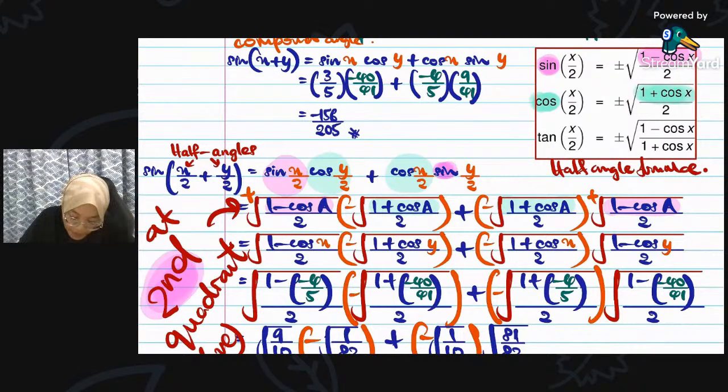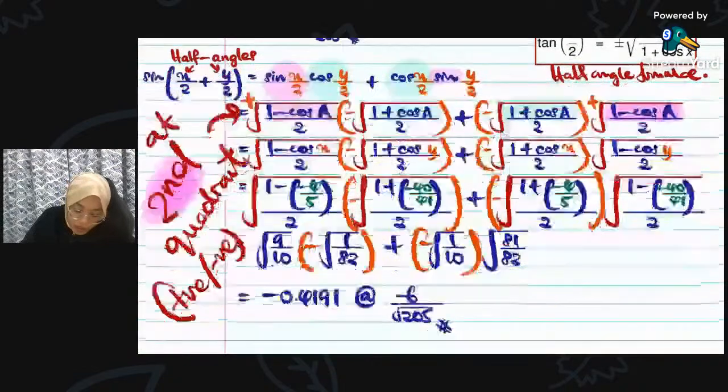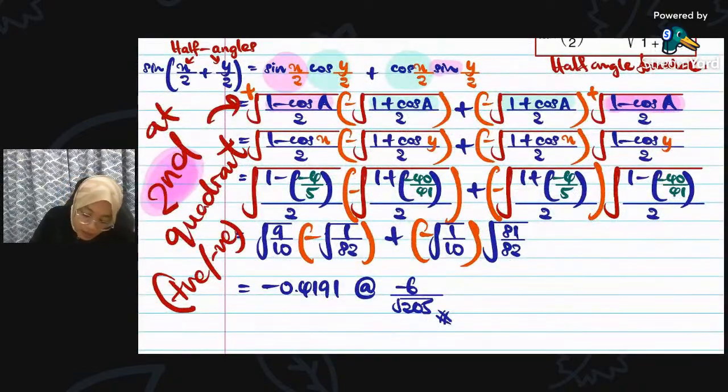Okay, I highlight it so that you guys can see very clearly that what I'm saying right now here is, cara nak senang hafal adalah sin 1 minus cos. Tapi kalau cos 1 plus cos. It's very very easy actually sebenarnya.